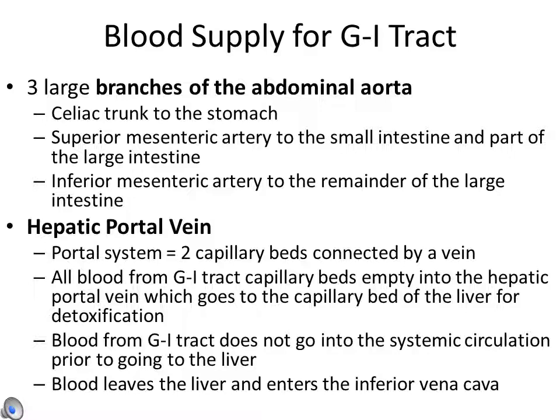The blood from the GI tract does not go into the systemic circulation prior to going into the liver. The blood then leaves the liver and enters into the inferior vena cava, which then goes up to the heart.